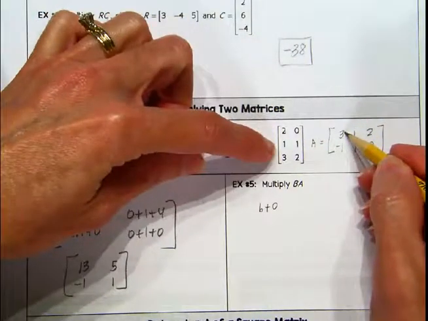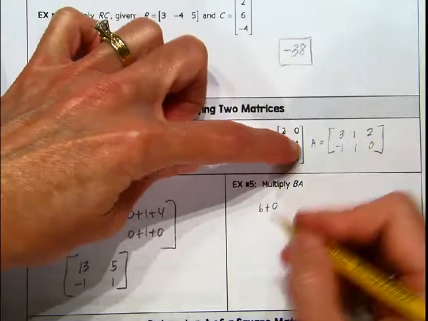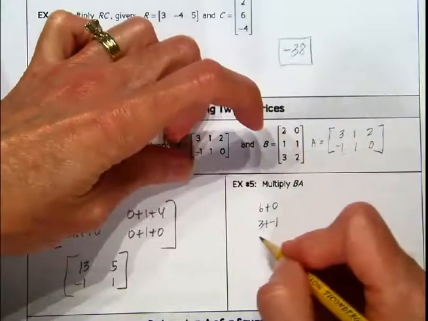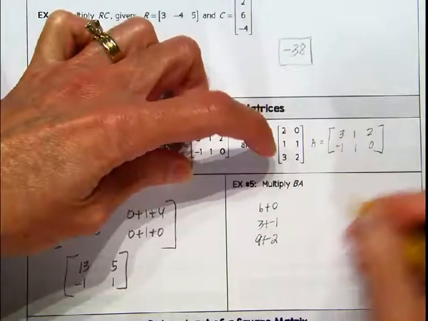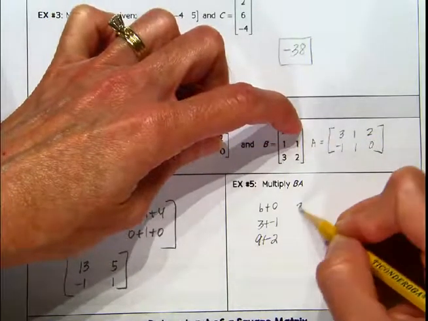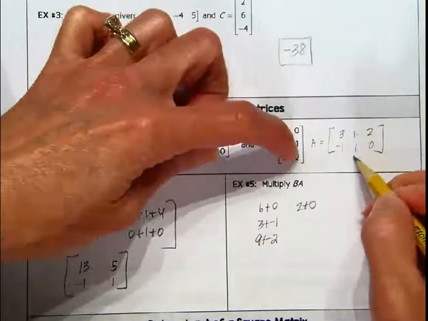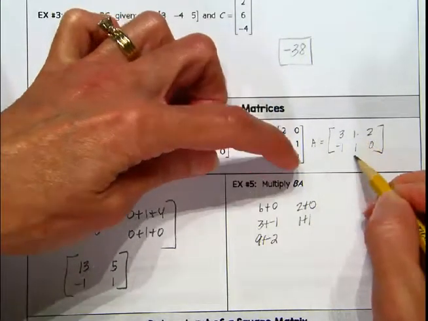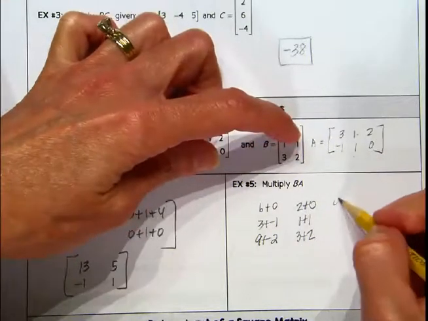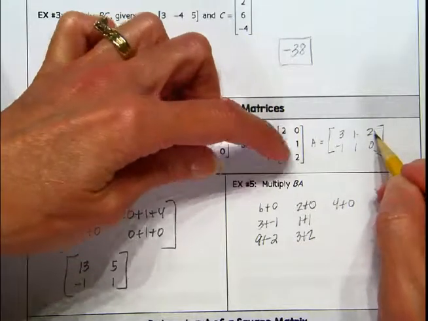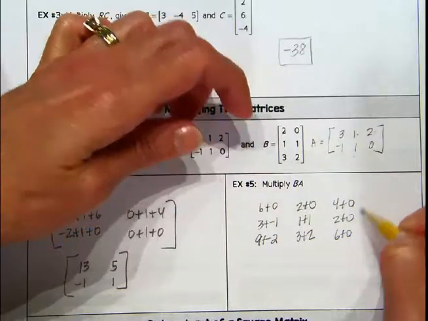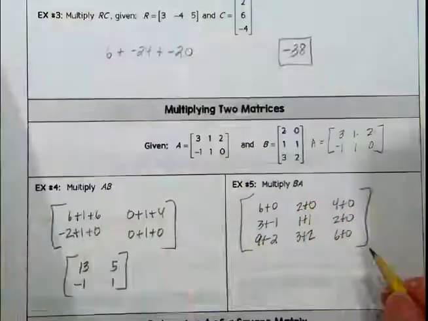This one would be 3 plus -1. This would be 9 plus -2. Then this would be 2 and 0, 1 and 1, 3 and 2. And then the last row, that would be 4 and 0, 2 and 0, and 6 and 0. It's kind of hard to keep that straight.